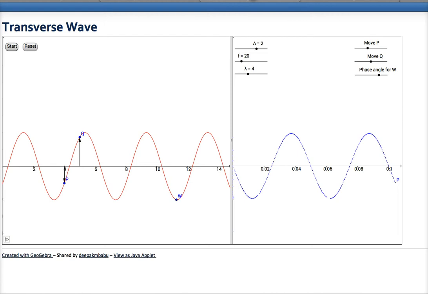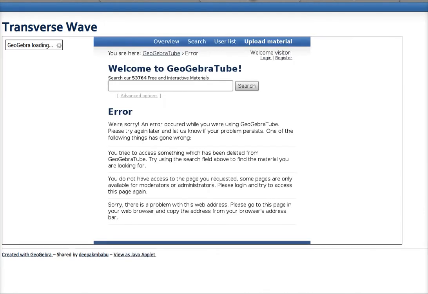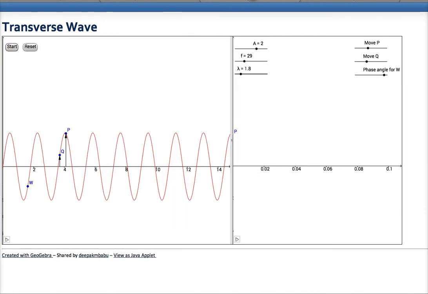Alright. Now, again, let me reload this page. Let me reset the parameters one more time. Okay, I'm going to set frequency back to 10 Hertz.